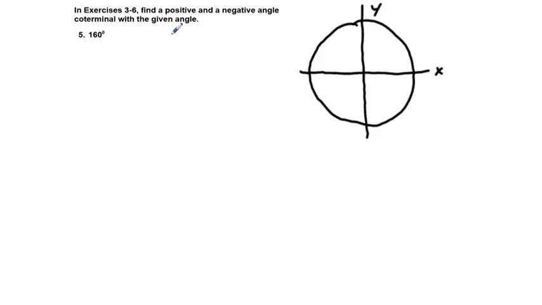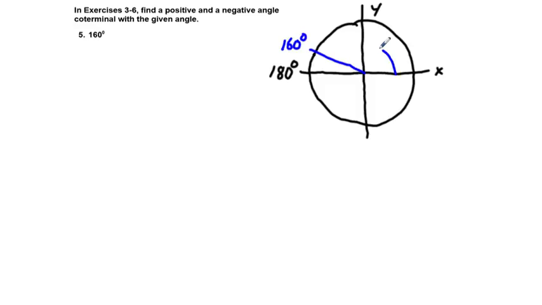Okay, and we have 160 degrees. Well, 160 degrees is going to be just 20 degrees short of 180 degrees. So this ray that I'm drawing in blue is pretty close to 160 degrees, we'll say. And we're going to get a positive and negative angle. Well, to get a positive angle, I'm going to continue in blue.